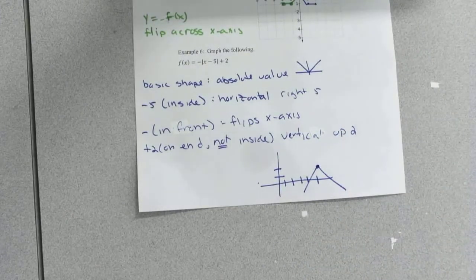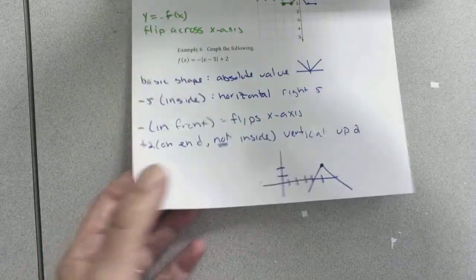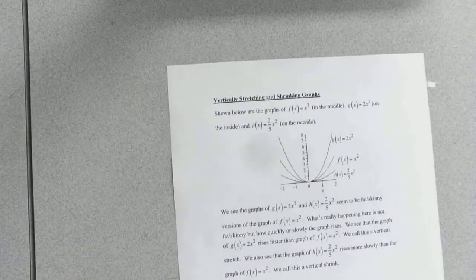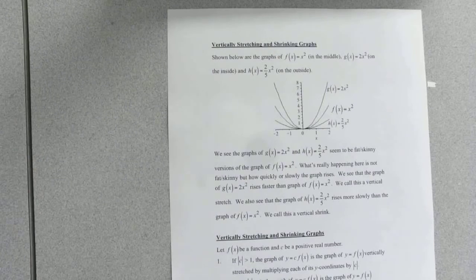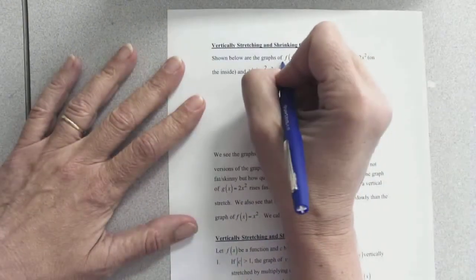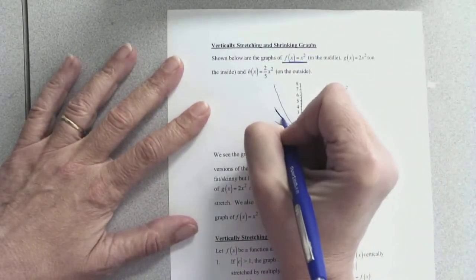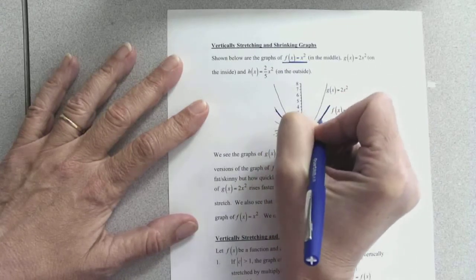Okay, the last thing we can do to these graphs, or that we are going to do, vertically stretching and shrinking graphs. So I'm going to pick on that x squared again. And the f of x squared we've got in blue in the middle.